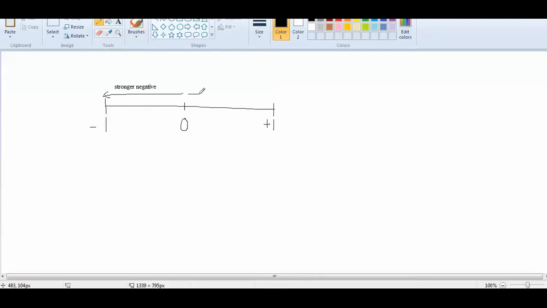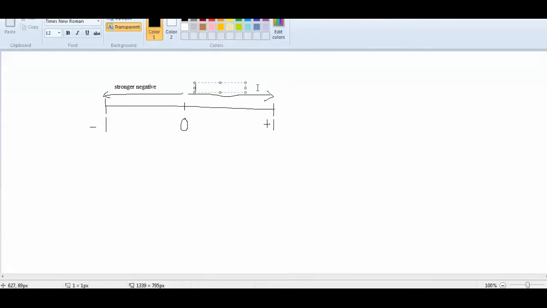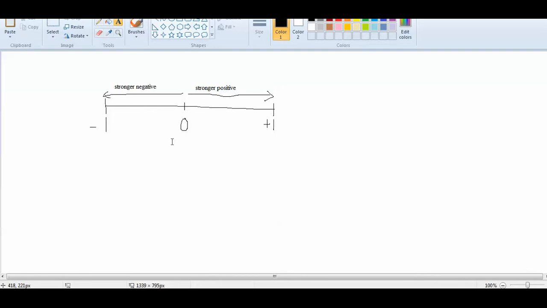And the value further from 0 and closer to +1 is showing a stronger positive correlation. And 0 is just no correlation.